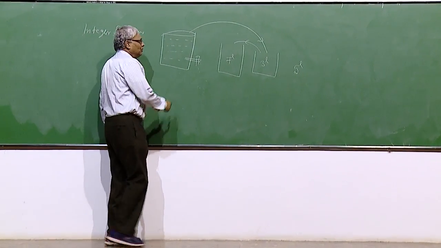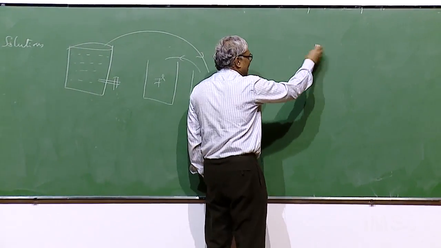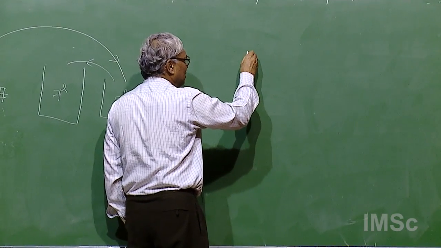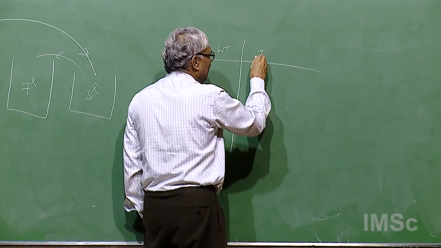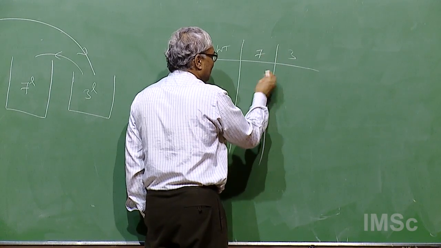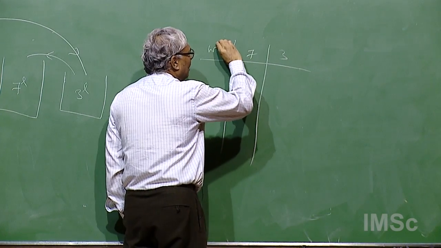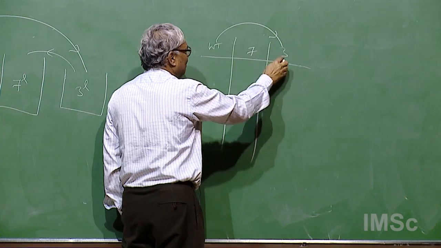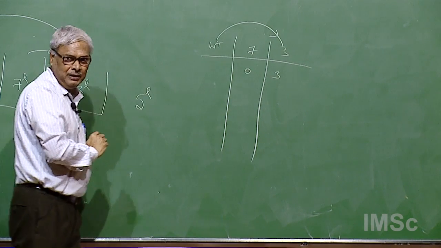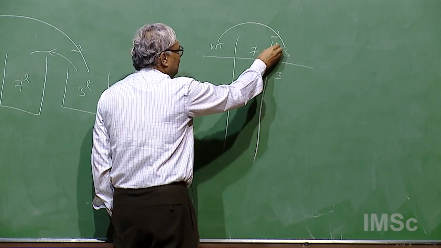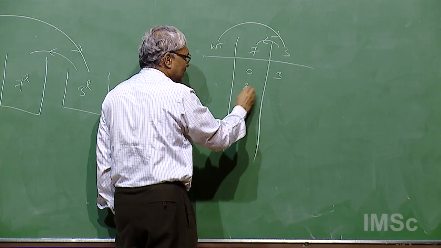Okay. So let me write the solution in the form of a tabular column. You have the water tank, the 7-liter can and the 3-liter can. So you draw 3 liters from the water tank. So this will be 3 and this will be 0 to begin with. And then you transfer from the 3-liter can to the 7-liter can, you get 0, 3.